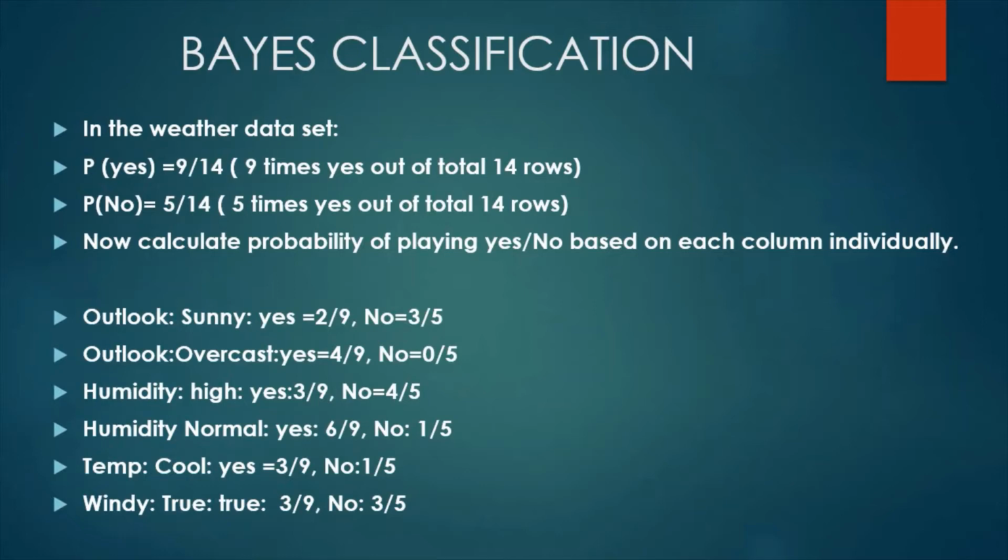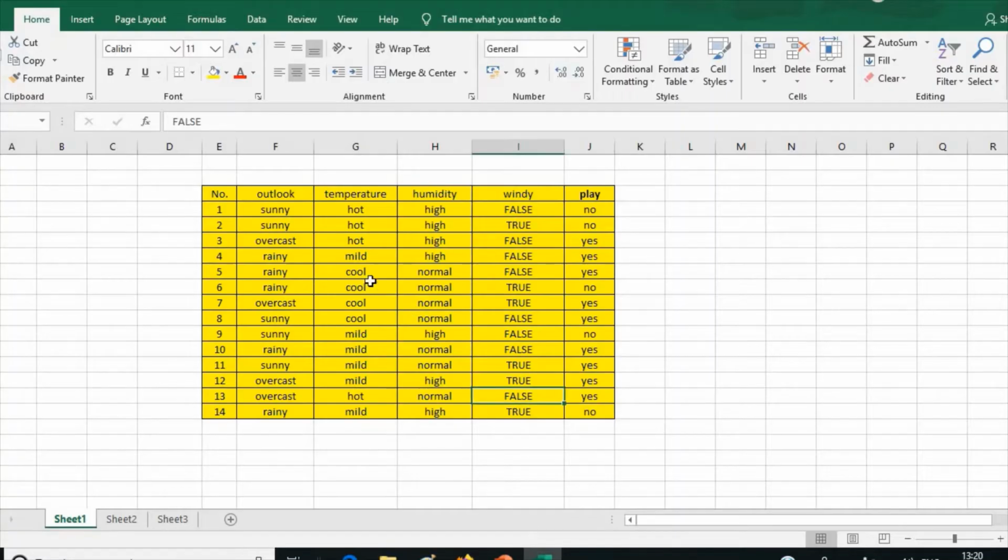That means if Outlook is Sunny, then the child should play, and the probability of that is 2 by 9. In a similar manner, we will calculate the probability for no. We will match Outlook Sunny with play equal to no. There are 3 instances in the dataset where it is Sunny and the child should not go to play: the first instance, the second instance, and this is the third instance in total.